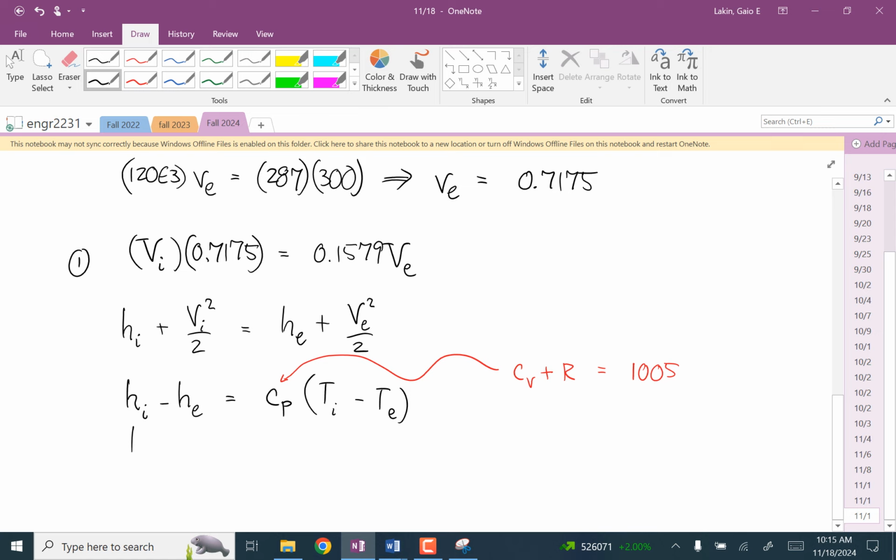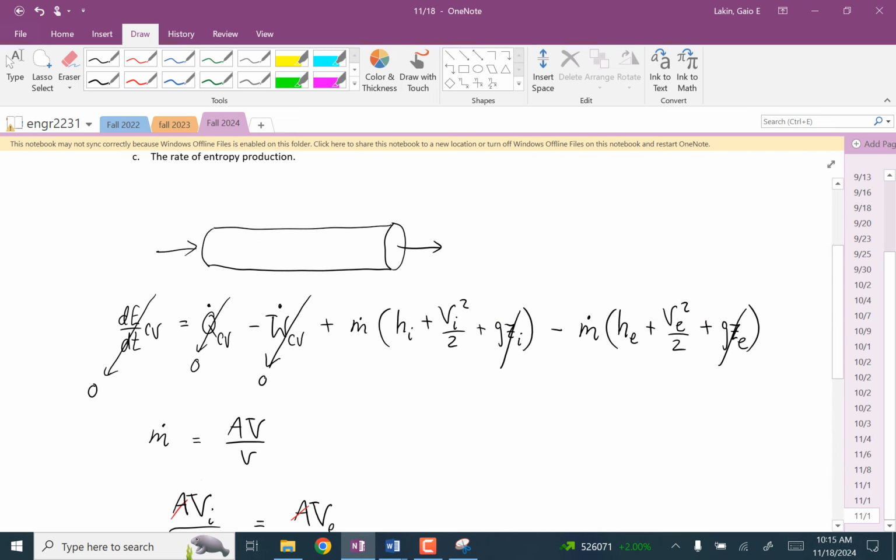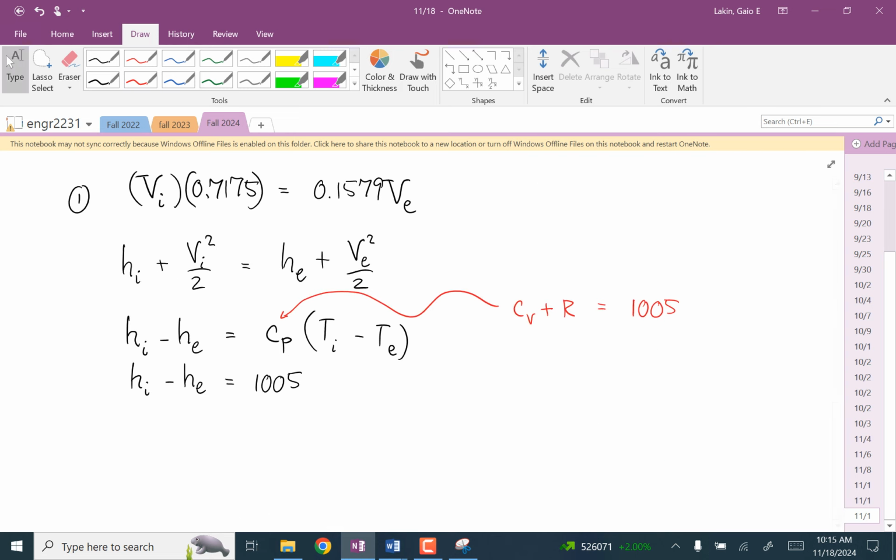And so hi minus he is equal to 1005 in SI units times 30. So that's 30,150.